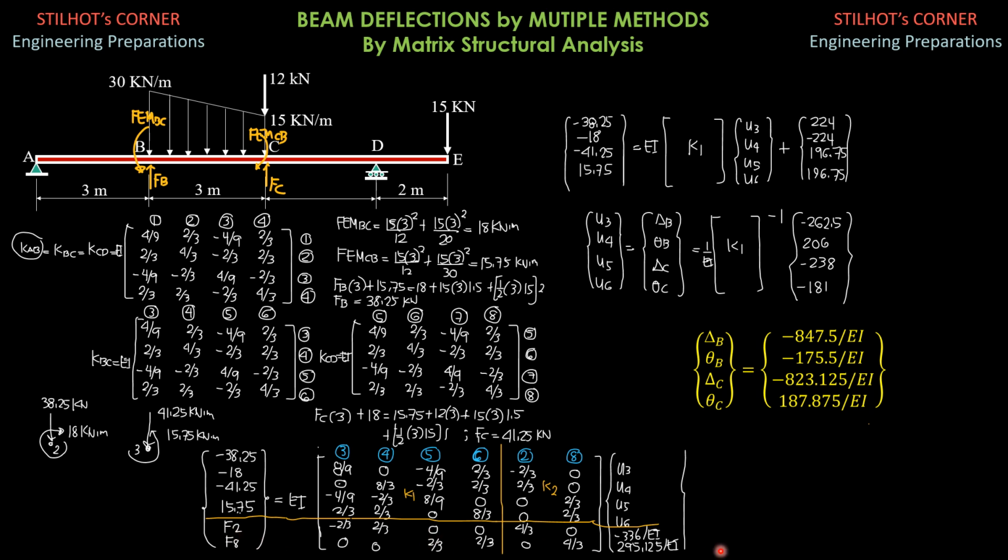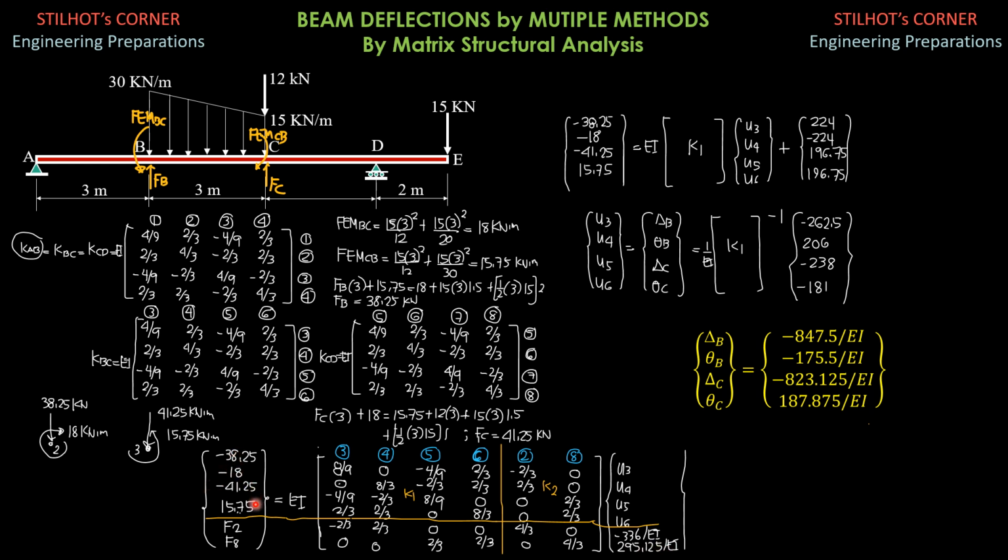Then the displacement at 2, theta A, is negative 336 over EI, already computed in the preceding slide. And theta D is 295.125 over EI, also calculated in the preceding slides. So we expand.